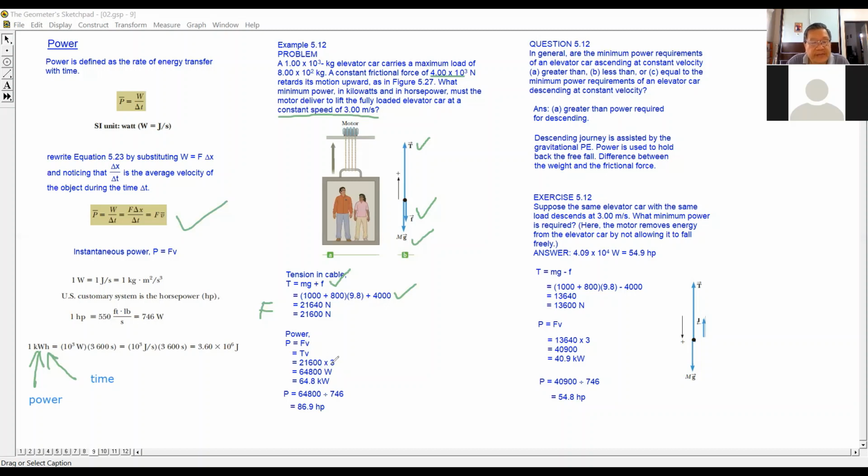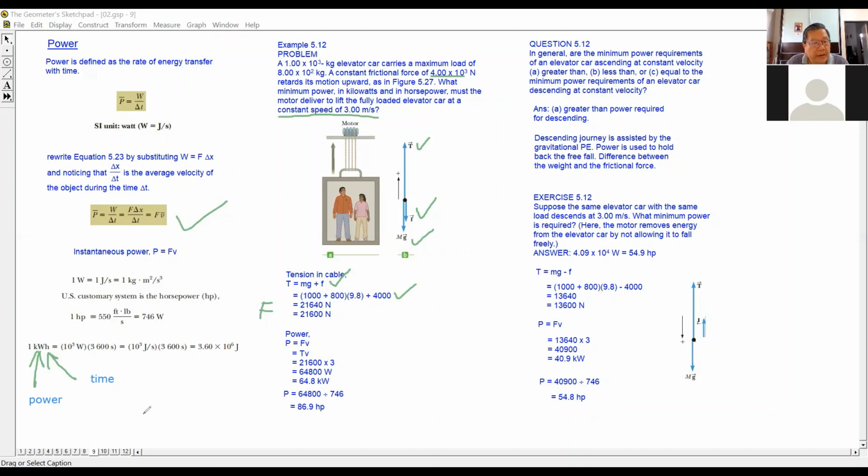So it's 21,600 times the velocity, which is 3. So the answer is 64,800 watt. If you want to change to kilowatt, you have to divide by 1,000. So it's 64.8 kilowatt.